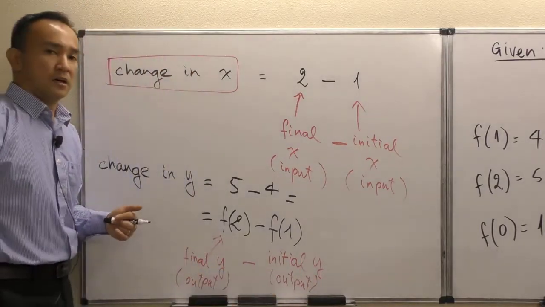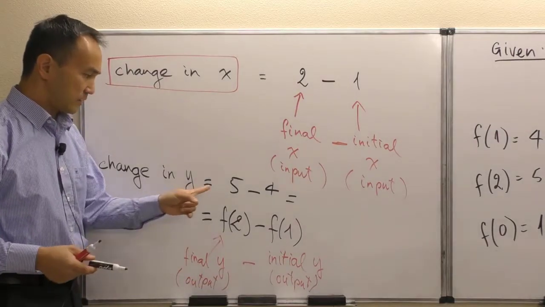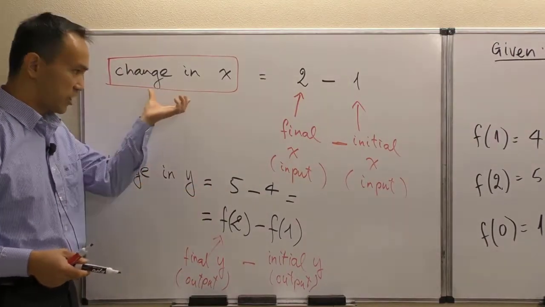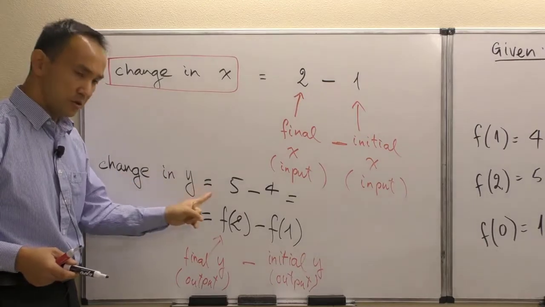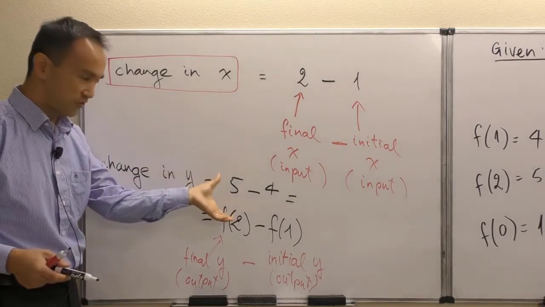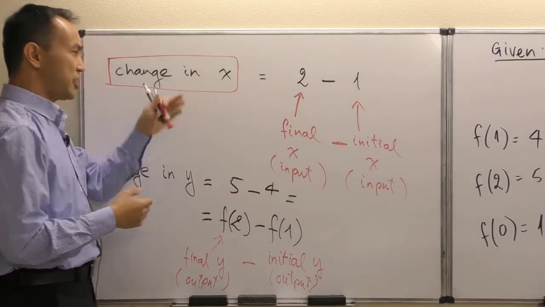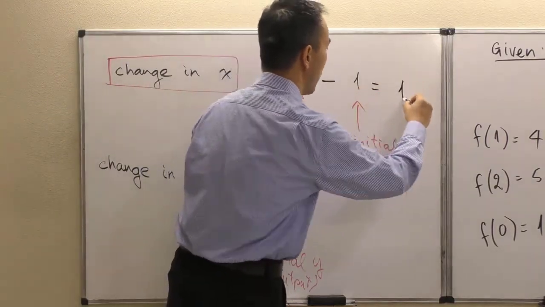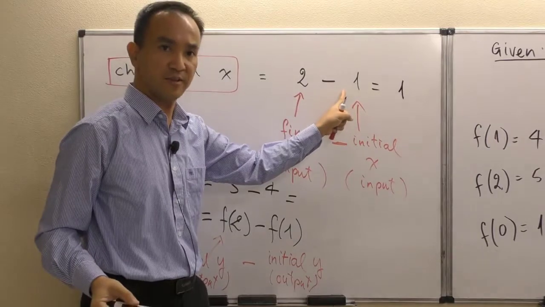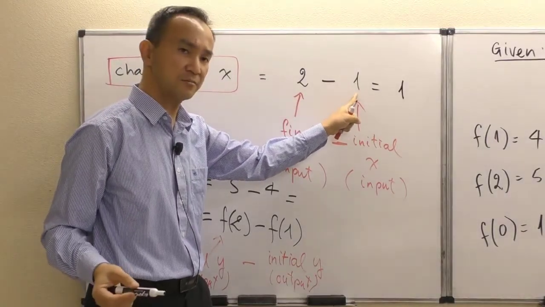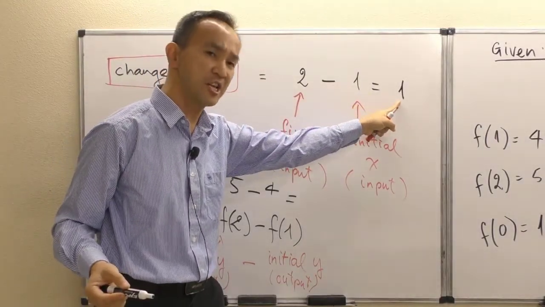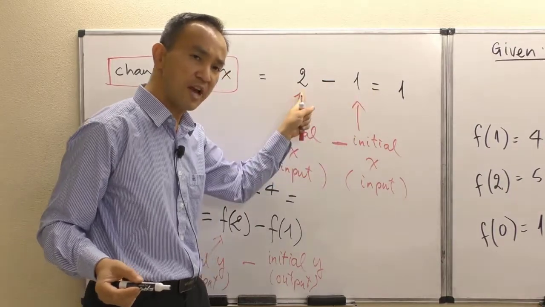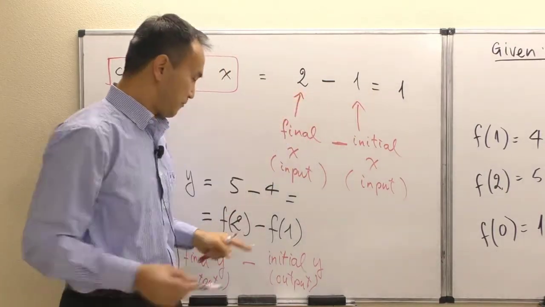All right. So now there's a change in y and there's a change in x. Two separate changes, and we have just now calculated them here. So the change in x in this case is 1. This 1 here is not the same as that 1. That one is just the initial input, but this is how much change from the initial input to the final input.